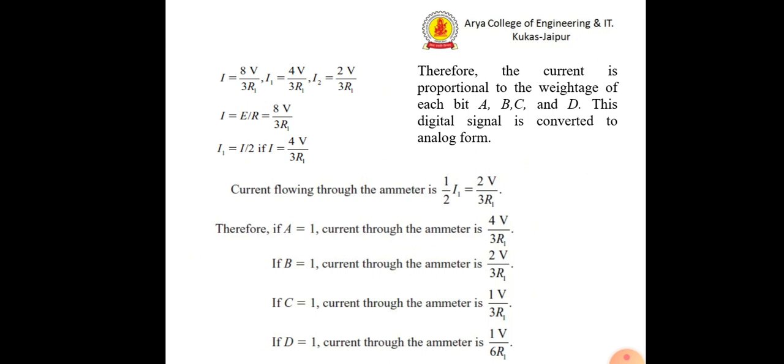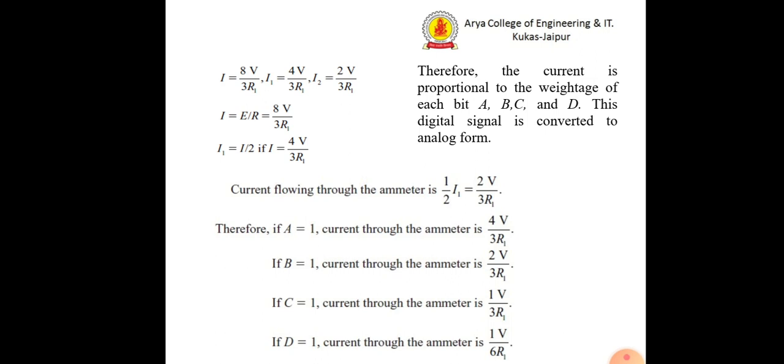If D equals 1, the current through the emitter will be 1 volt upon 6R1. Therefore, the current is proportional to the weightage of each bit A, B, C, D. This digital signal is converted to analog form. This is how this particular circuit works.